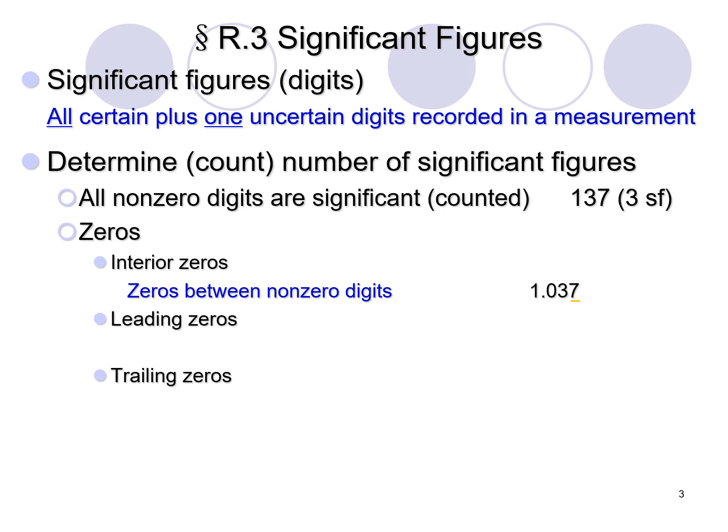If the 7 is uncertain, since the 0 is on its left, that makes this 0 certain. In other words, an interior 0 is significant. We need to count that 0 as a significant figure. Therefore, 1.037 has 4 significant figures.